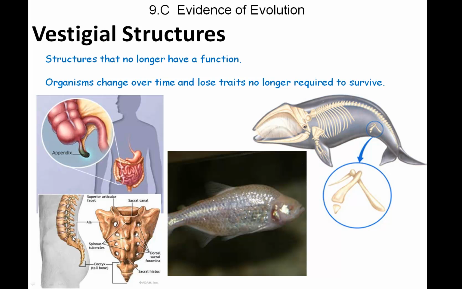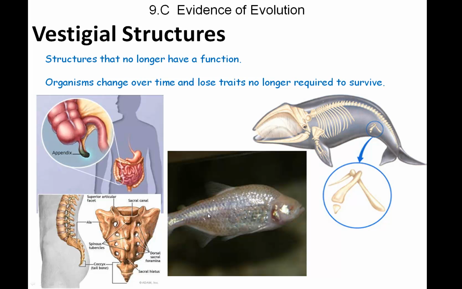It's the bottom part of your spine, and you can see a side view and a front view, made of a whole bunch of bones that, if enlarged, can become a tail. We'll talk about that when we talk about the evolutionary and embryological development of humans. We have a fish here with a place for an eye but no eye.